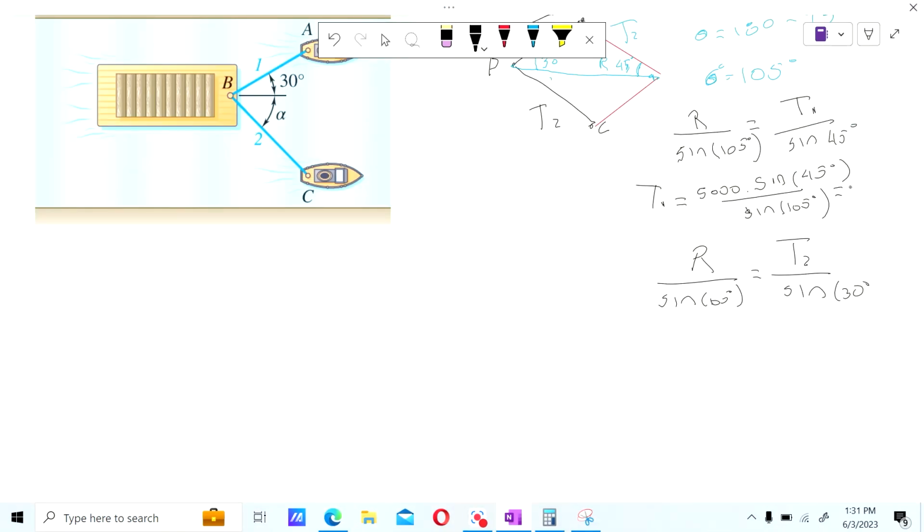So this is equal to 3660 pounds. And this one, T2, equals 5,000 times sine 30 over sine 105.